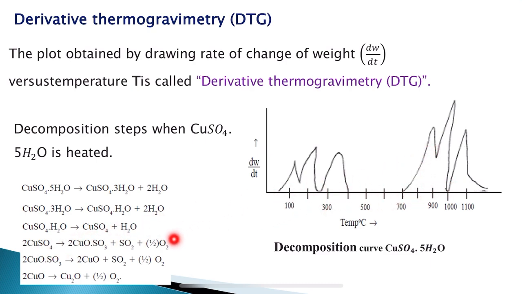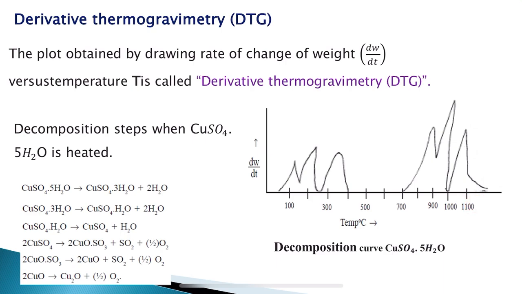This peak and the next correspond to these reactions, in which the cuprous oxide sulphate decomposes into cuprous oxide and sulphate, with oxygen eliminated. In the last step, the cuprous oxide decomposes further and forms a final stable product at 1100 degrees centigrade.